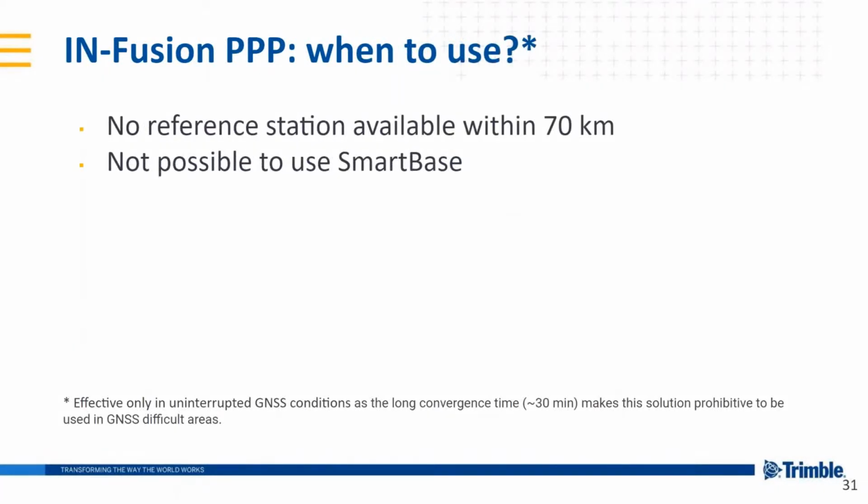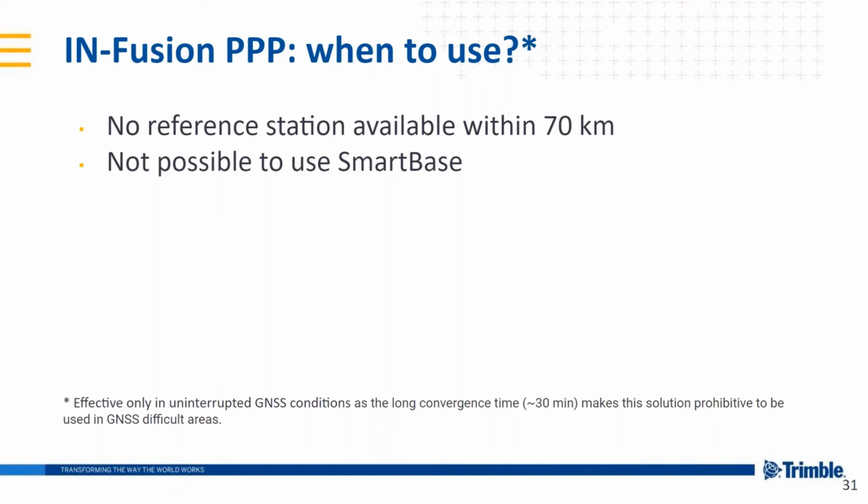When to use PPP? Only when there's no reference station available within 70 kilometers of your mission, and it's not possible to use SmartBase. PPP is only effective where the GNSS coverage is uninterrupted.